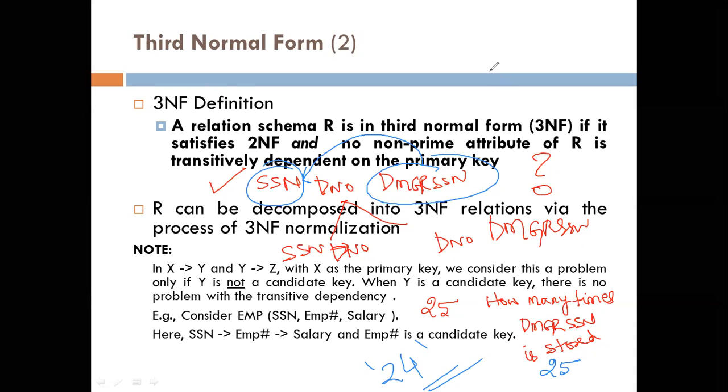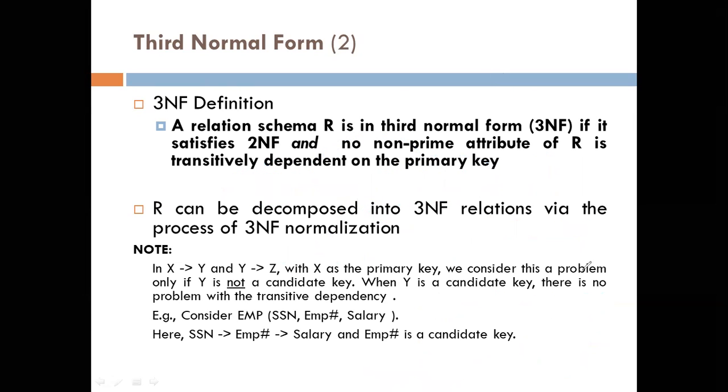So the transitive relationship should be from the prime attribute to non-prime. So only this sort of transitive dependency we will encounter and decompose the table in 3NF.